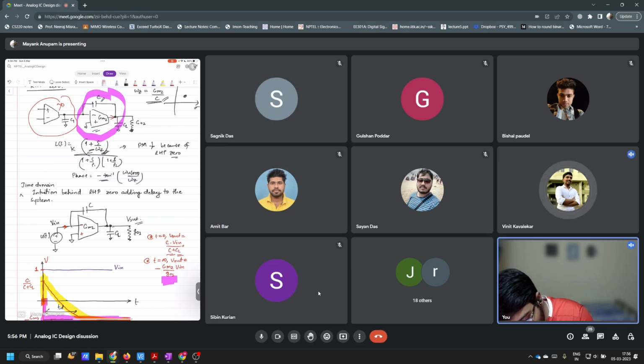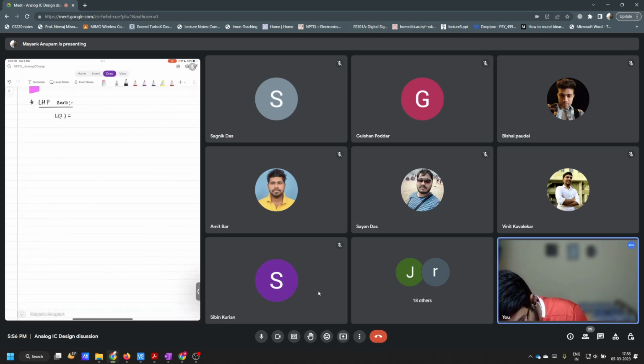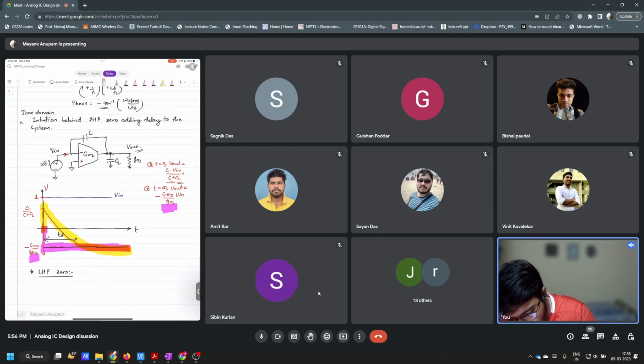So let's see what happens when we have a left half plane 0. It will be something of this kind. Let's forget about the LFS. Let's again take the second path only.